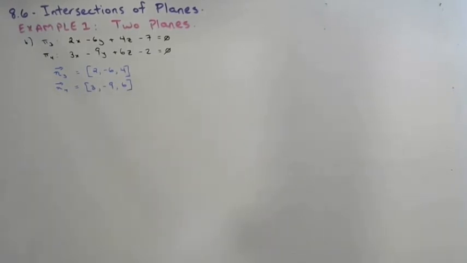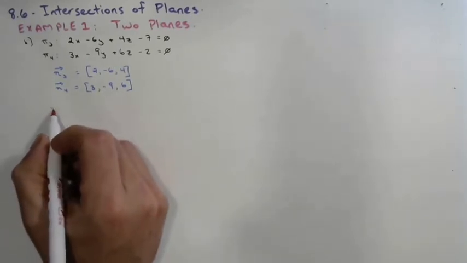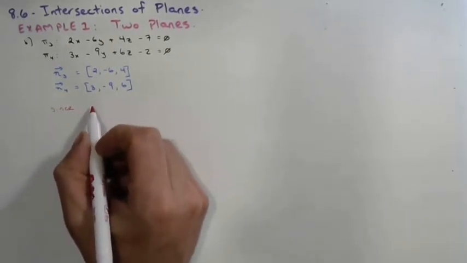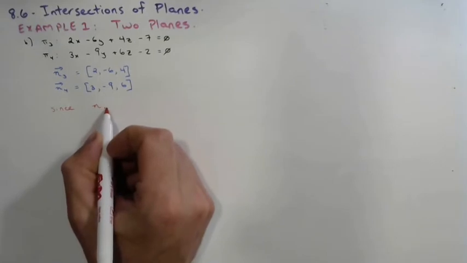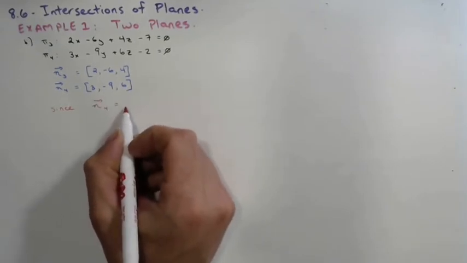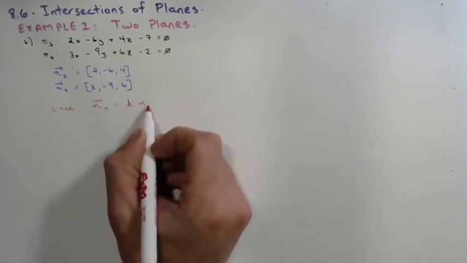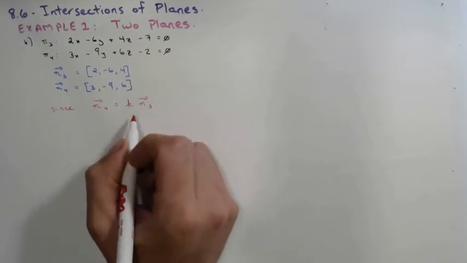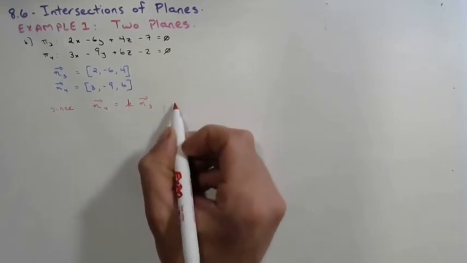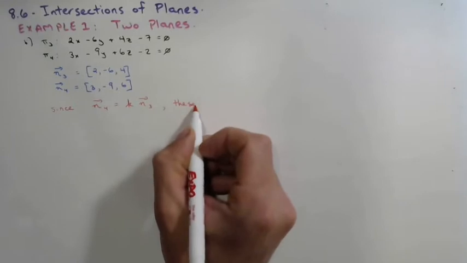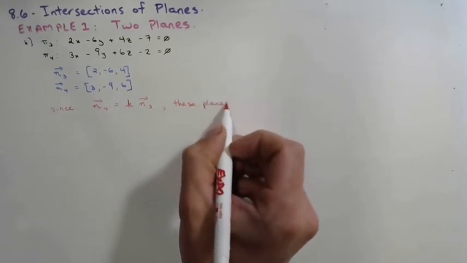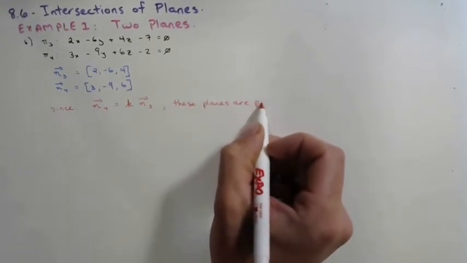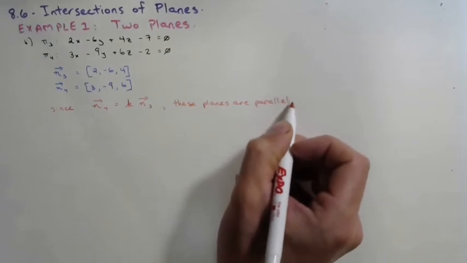So what can we say? Since n4 equals k times n3, some scalar multiple of n3, these planes are parallel.